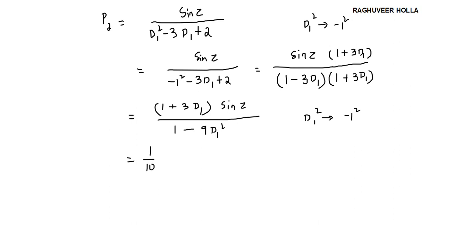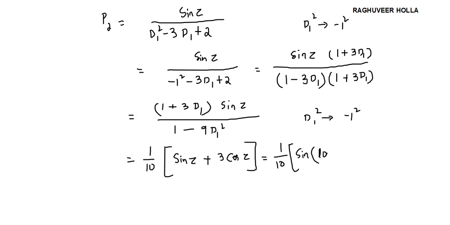Let us multiply that in the numerator, so I get sin z plus the differentiation of sin becomes cos, so 3 cos z. Now let us write in terms of x: 1 by 10 multiplied by sin of log x plus 3 times cos of log x. So this is p2.